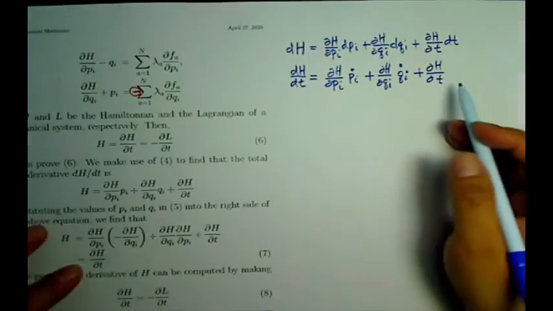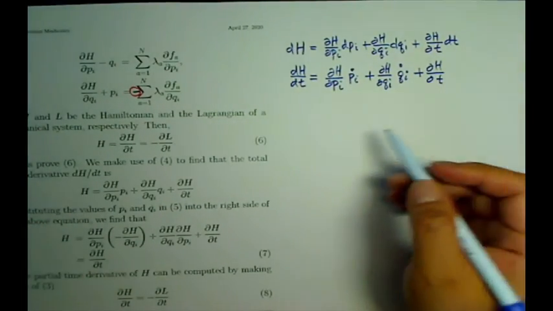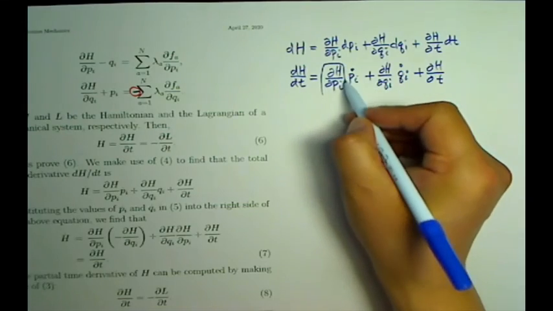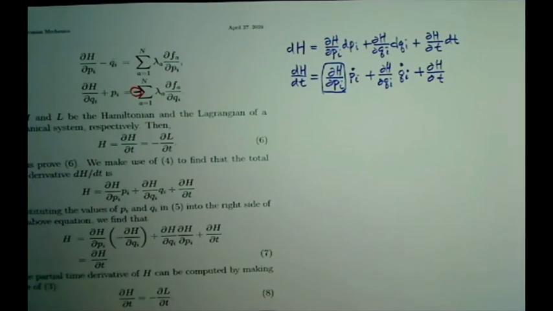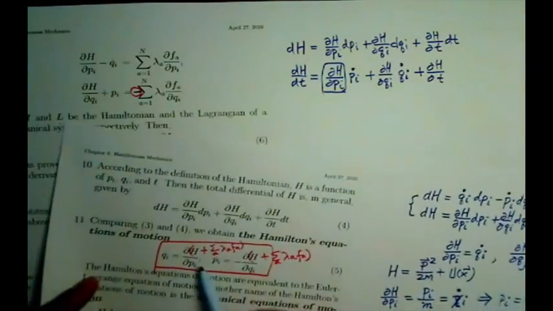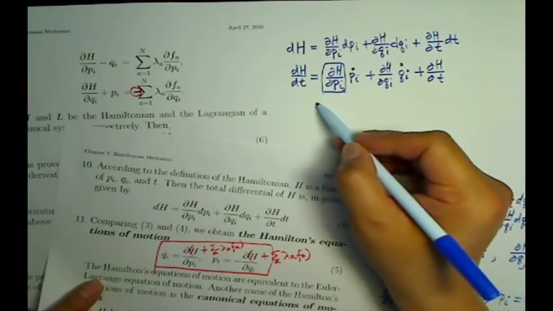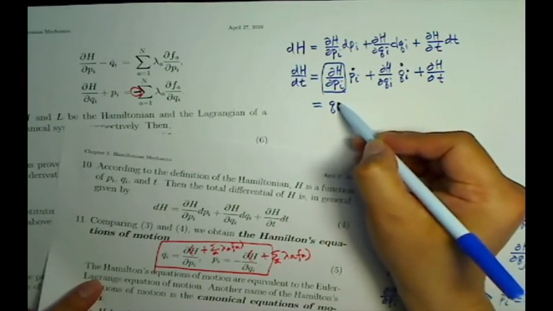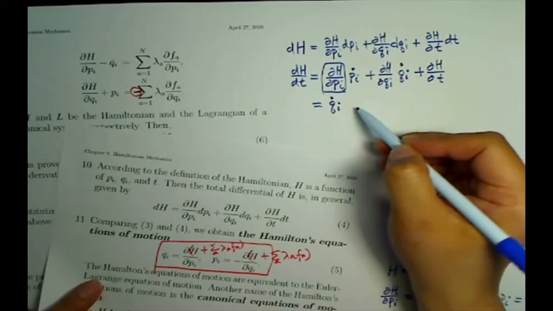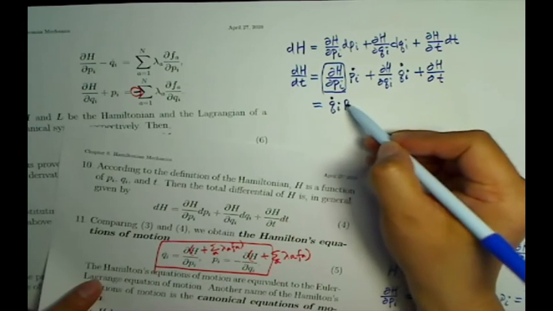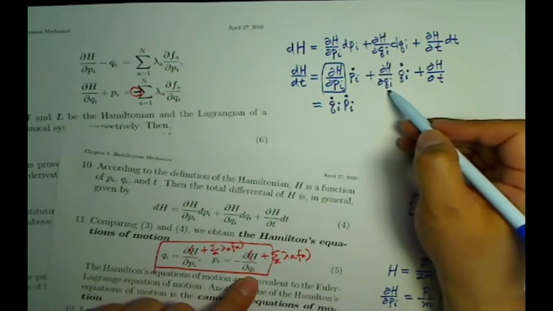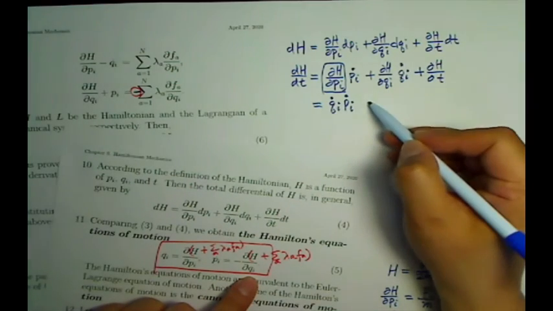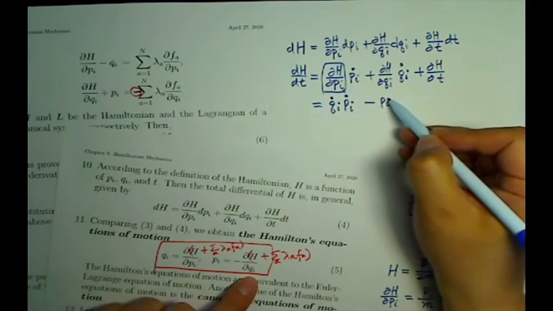This is applying the chain rule, and Hamilton's equation states that this is qi dot. Hamilton's equation for the pi derivative, that is qi dot. Hamilton's equation for the q derivative, this is minus pi dot.